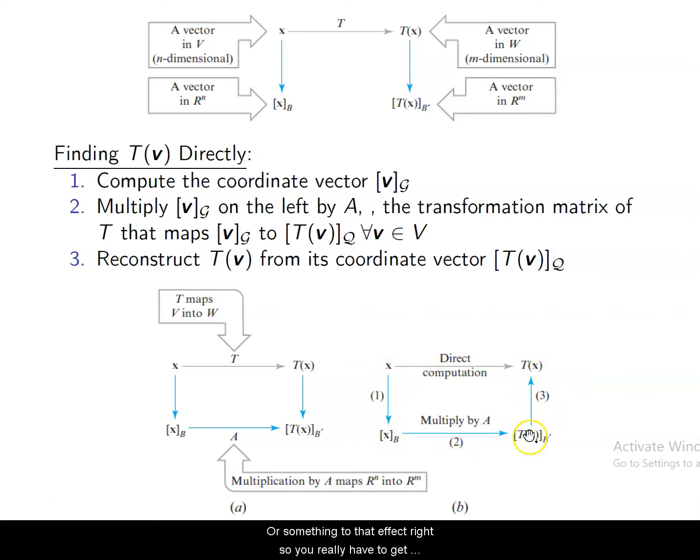So we really have to get a handle on what it is that we're doing here so that when they give us certain things or ask us certain questions, we can say, oh, okay, I have this and I have this. This is what they're asking me for. We want to make sure that we're really aware of what's going on in this section. It can be very confusing because there's lots of notation.